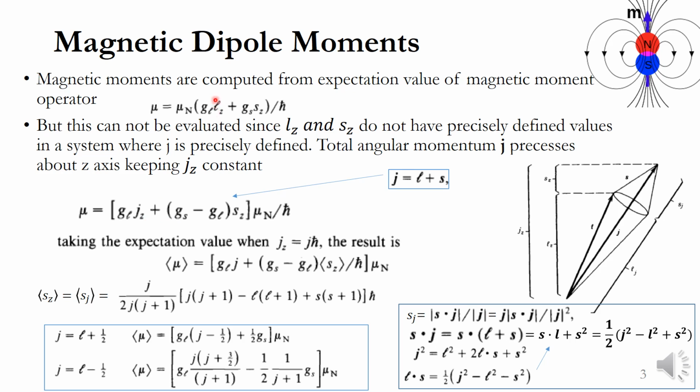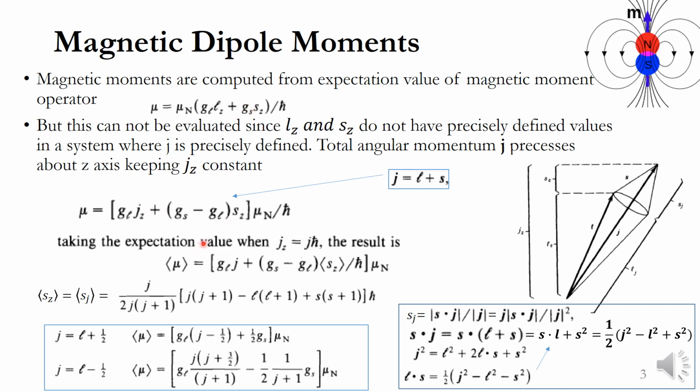In this equation, we replace Lz using Jz is equal to Lz plus Sz, so that Lz will be equal to Jz minus Sz.